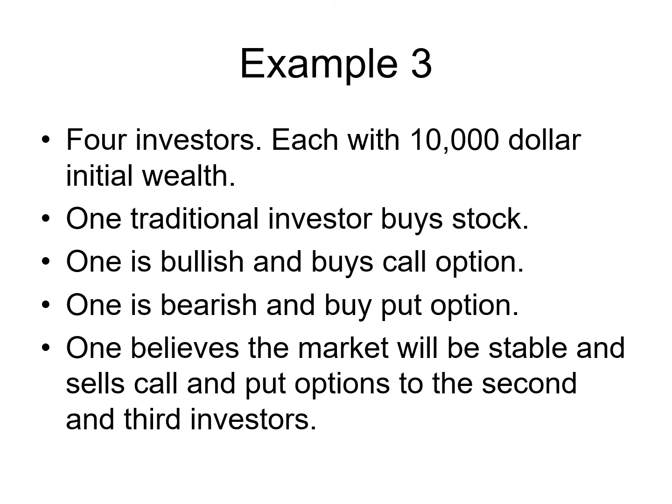One is bearish about the stock and buys put options on the stock. One believes the market will be stable and sells call and put options to the second and third investors.